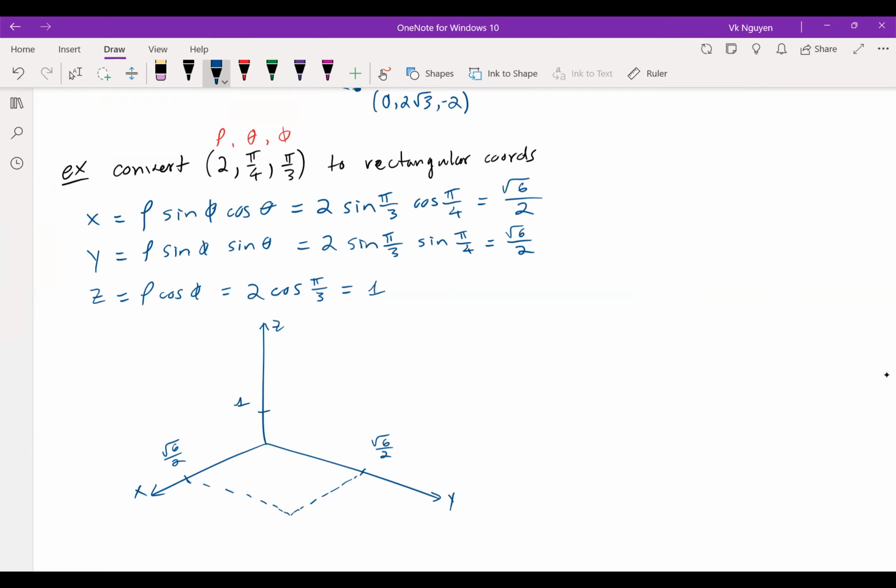So that looks like it goes up by 1. Okay, so here it comes. It's 2. Okay, next step is we're going to get the angle theta.